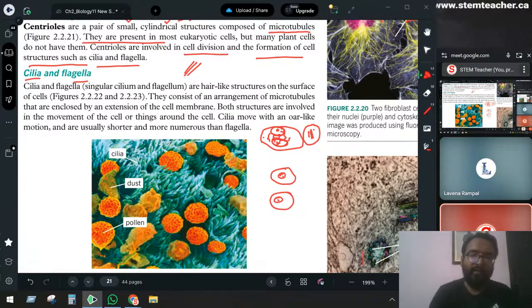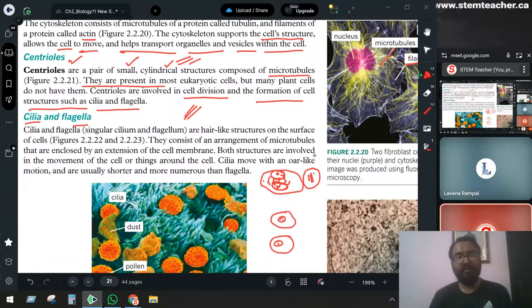Centrioles are helpful in cell division and formation of cell structures. This is the formation of new cells, the mitosis and meiosis process in DNA division. You can understand it more clearly there. Is it clear?